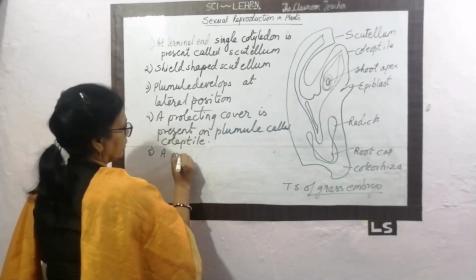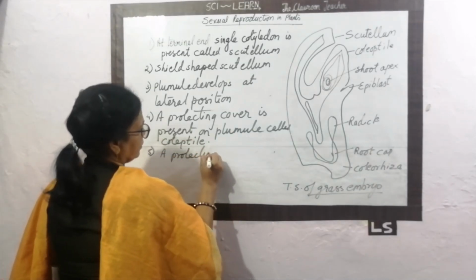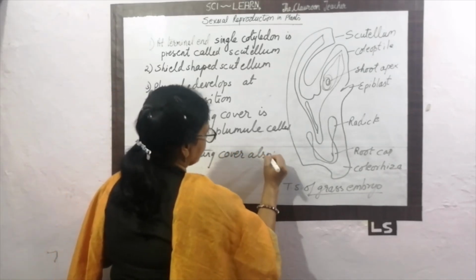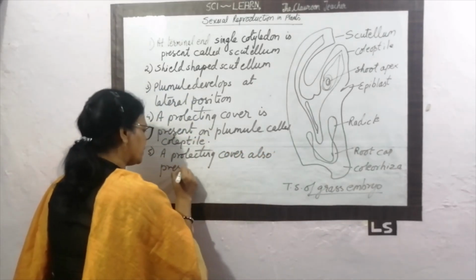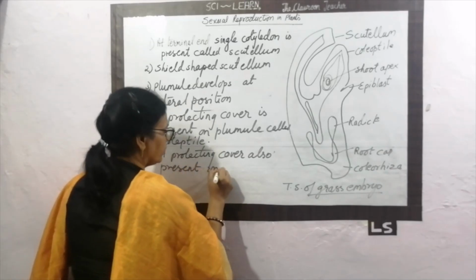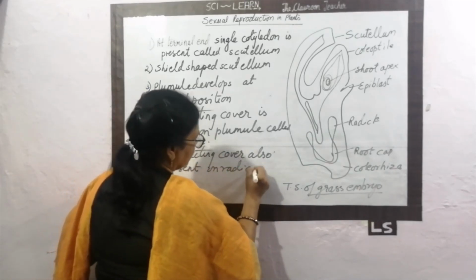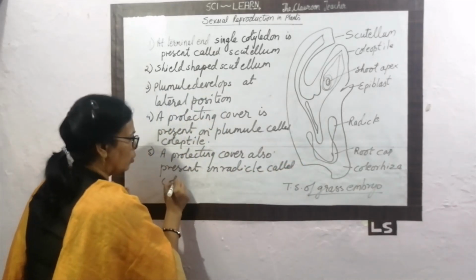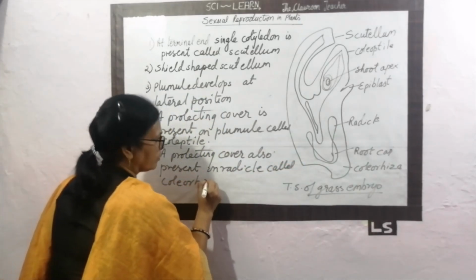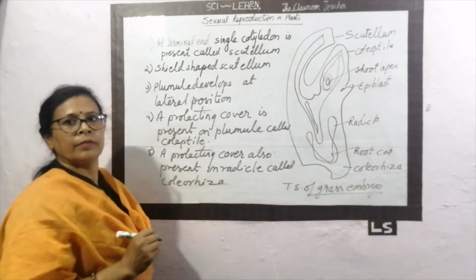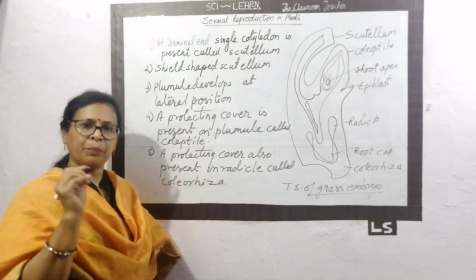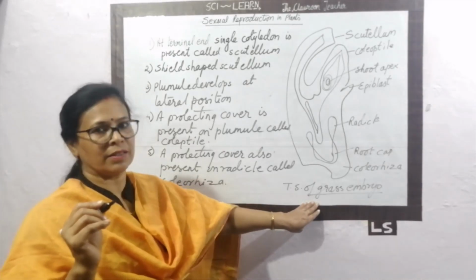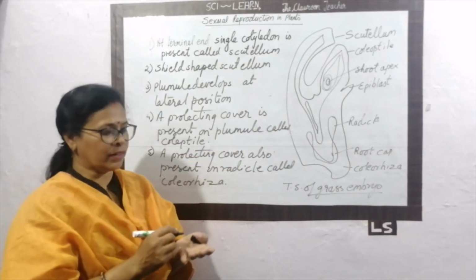A protecting cover is also present on the radicle, called the coleorhiza. This is the typical monocot embryo of the grass. This is the embryo of the grass family.